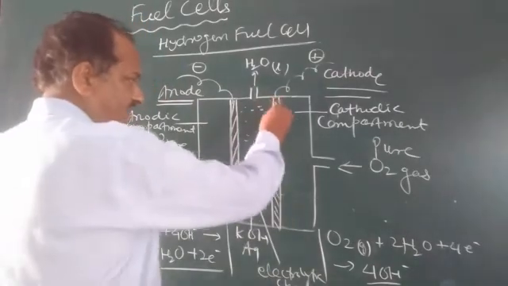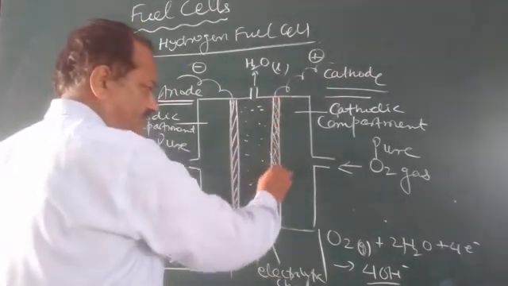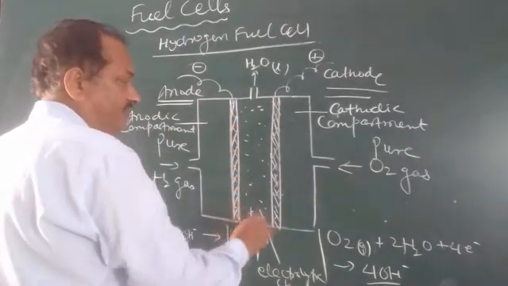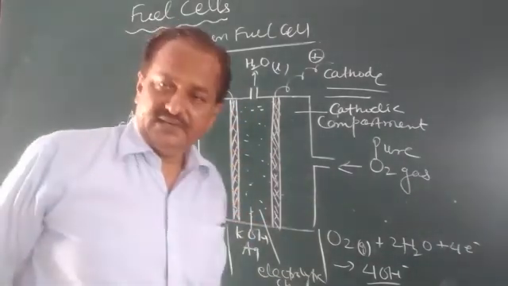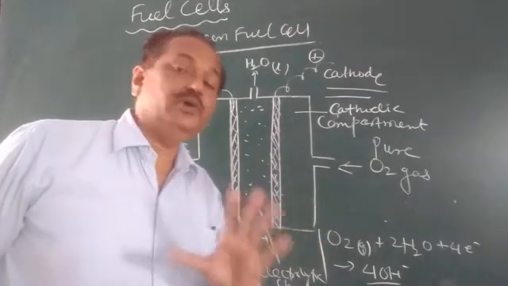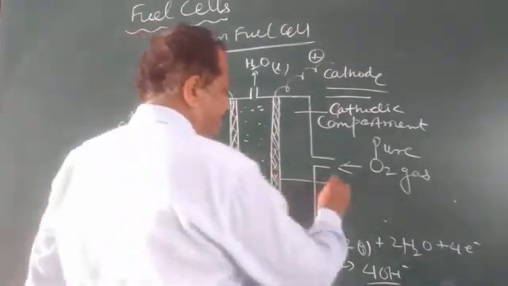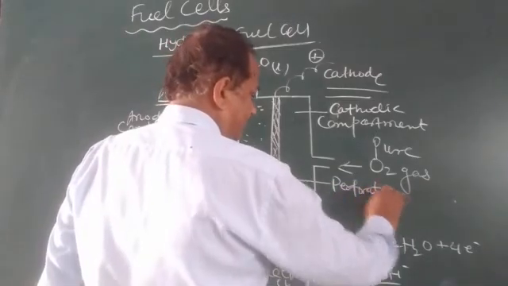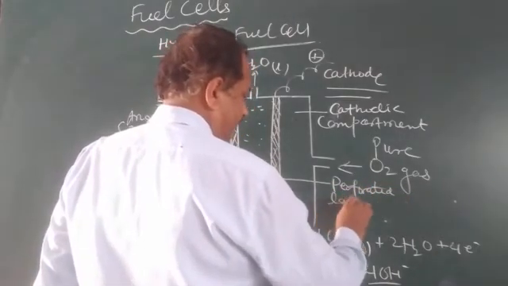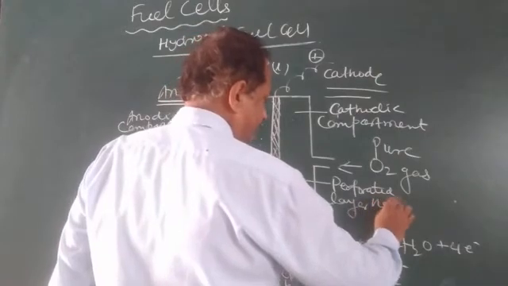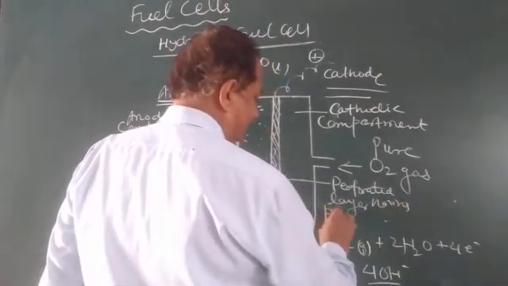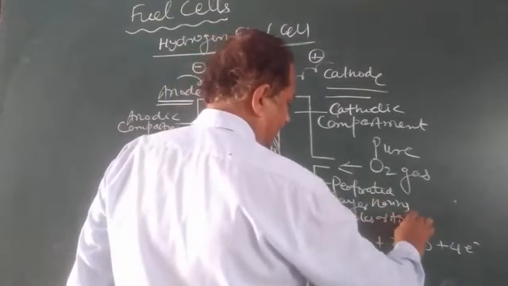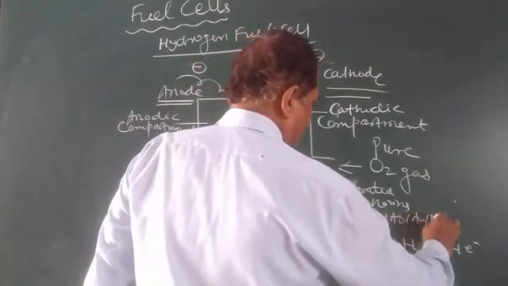Now see here, these are a special type of perforated material. It is made up of pure graphite. This is a perforated layer having particles of silver or gold or platinum.